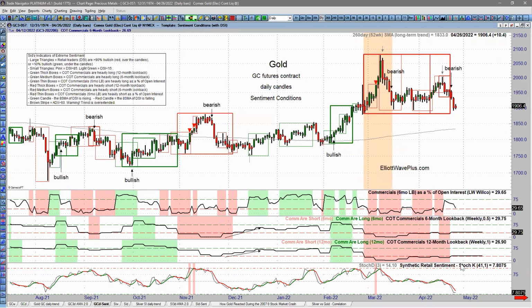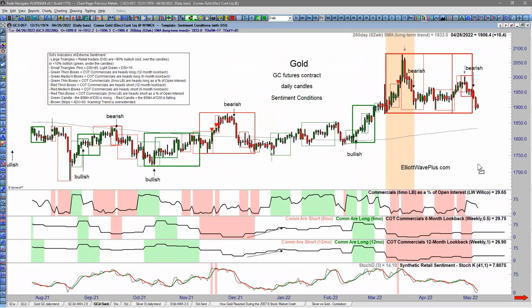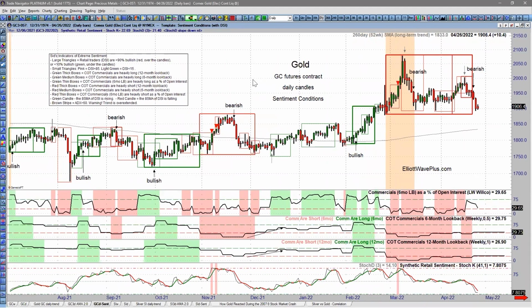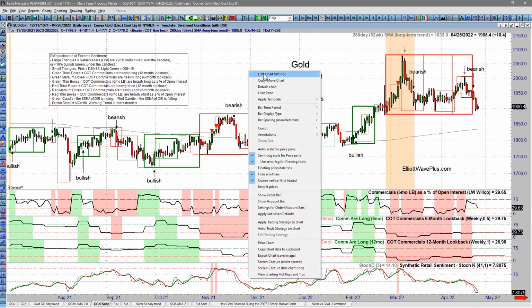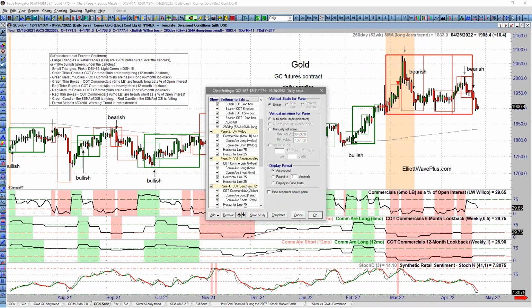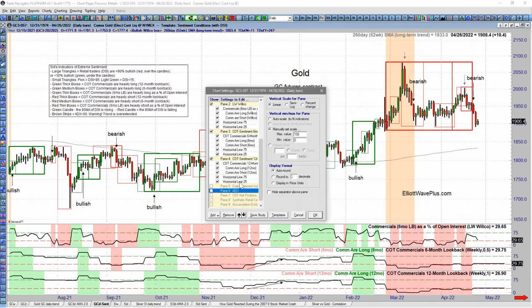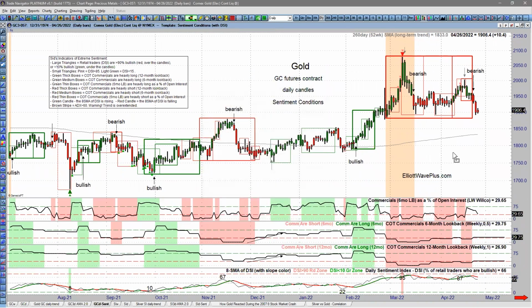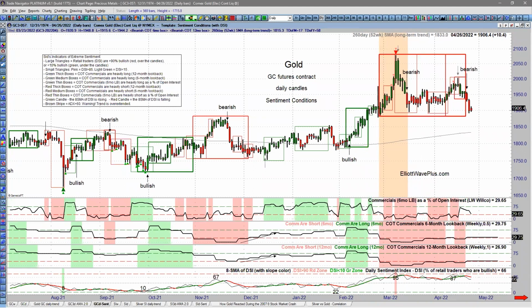So what's the message that we are currently receiving? I'm going to go back to the DSI so I don't forget to do that. I'm going to do it now. If you were going to look at the message that this sentiment conditions chart, which our premium plan members get a screenshot of every night, is giving us right now, is it bullish?